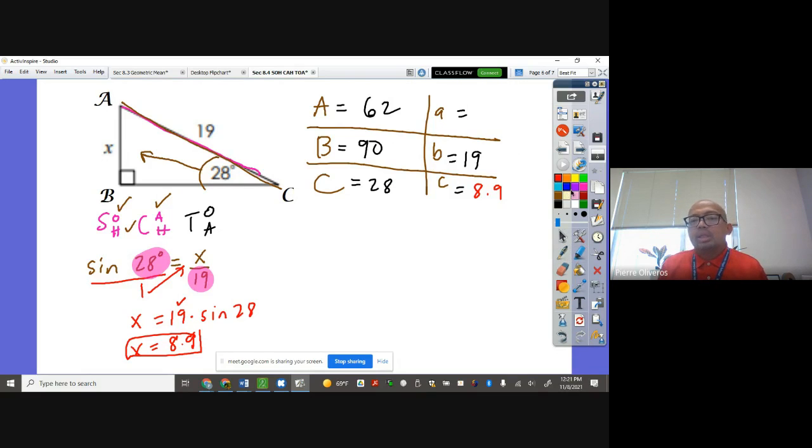Now we can use the Pythagorean theorem to find side a because we know two sides of the right triangle already. Since we're looking for side a, that's a leg.